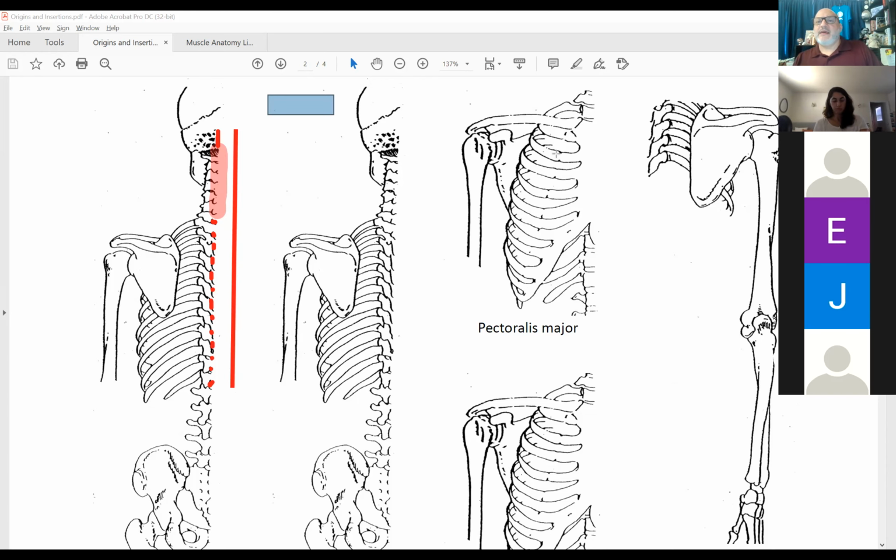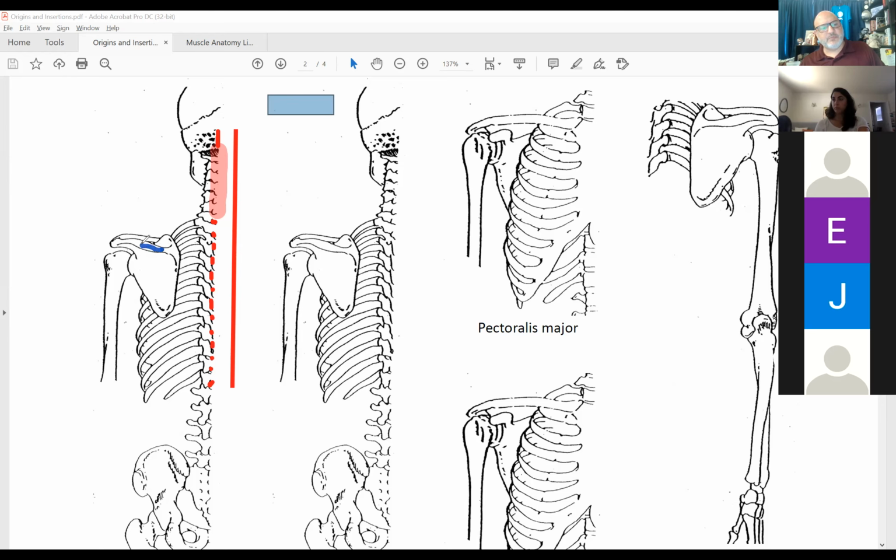All right. Excellent. So now let's talk insertion. What is the insertion of the trapezius? Continuous insertion along acromion, spine of scapula, and lateral third of clavicle. Excellent.